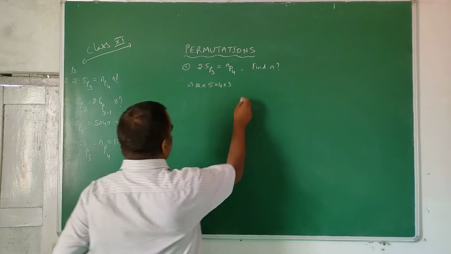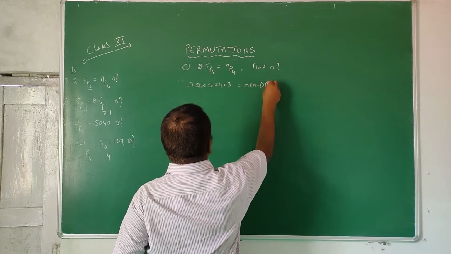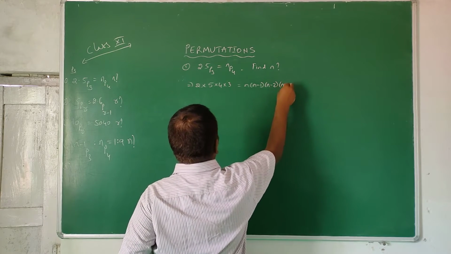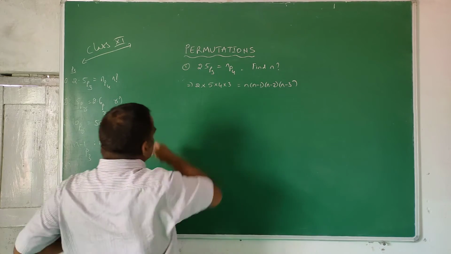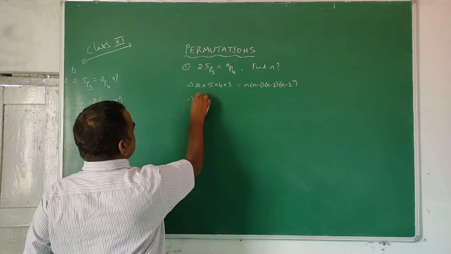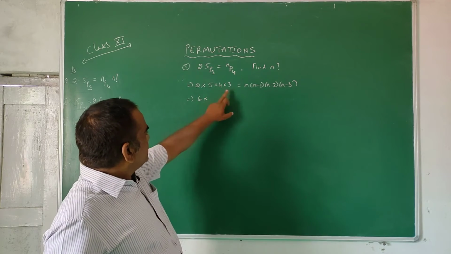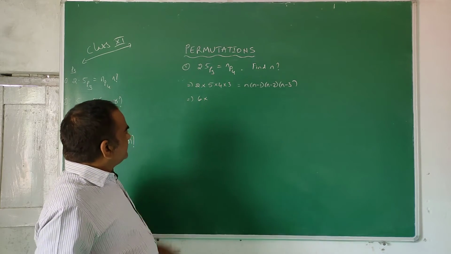And np4 means n into n minus 1 into n minus 2 into n minus 3. Following this, 3 2s are 6. So 6 into 5 into 4.